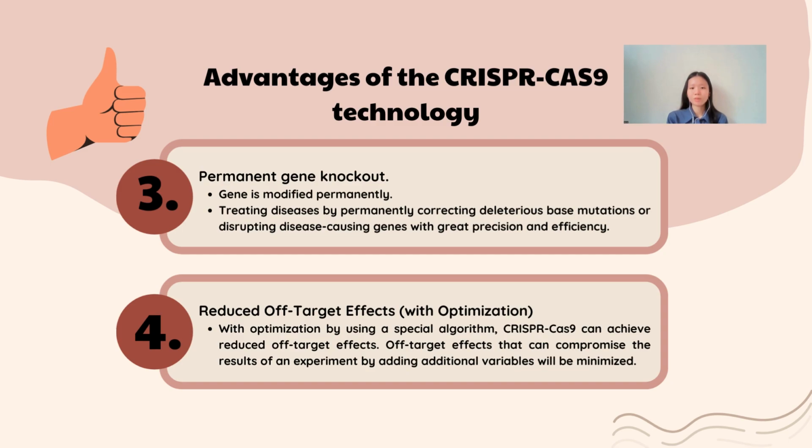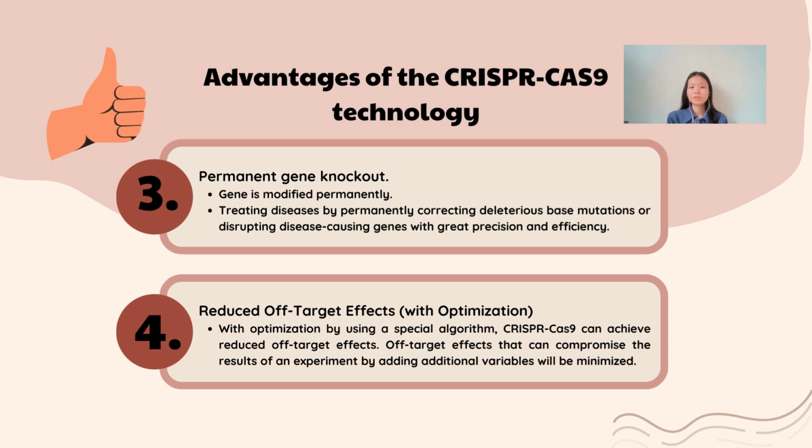The gene is modified permanently. The CRISPR-Cas9 gene editing technology is the ideal tool for the future for trending diseases by permanently correcting deleterious mutations or disrupting disease-causing genes with great precision and efficiency.